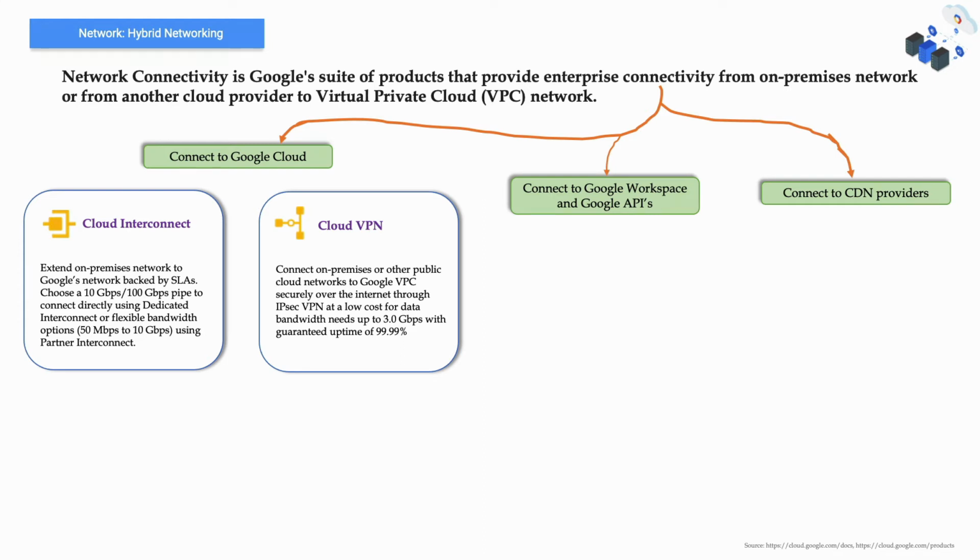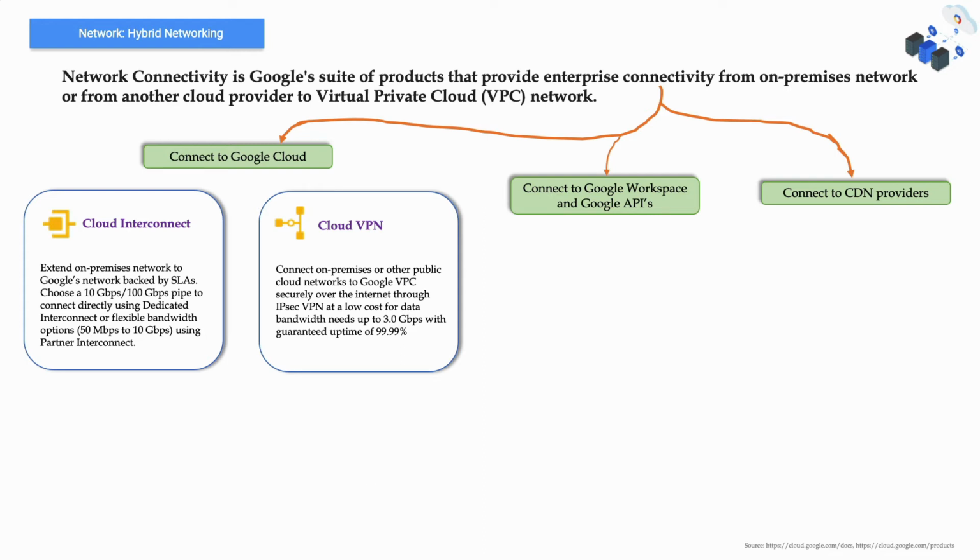Now, when you should go for a Cloud VPN connection is that each of these VPN tunnels can support up to 3 gigabytes per second total for ingress and egress. So what that means is, if 3 gigabytes per second connectivity is good enough for you, Cloud VPN is much more affordable and a good secure solution.